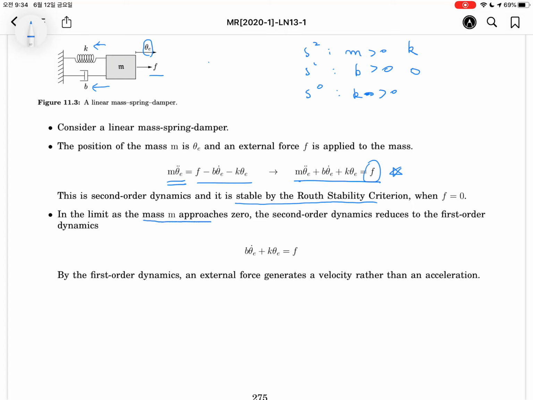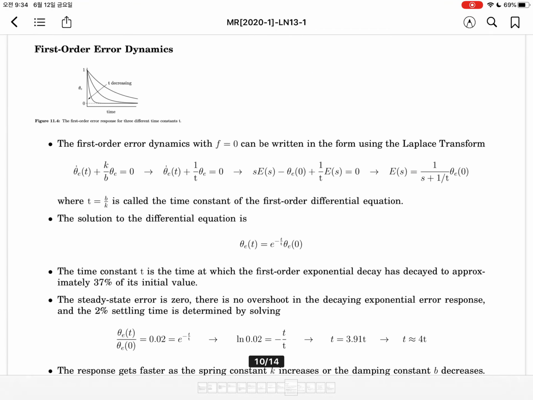In here, let's assume that mass m approaches 0. Mass is very small. Then we have a first order differential equation. I will review the first order first and then the second. Here, let me assume that the external force is 0.